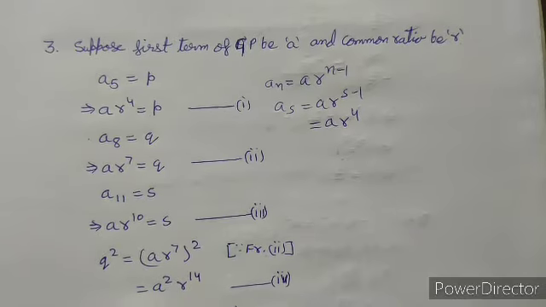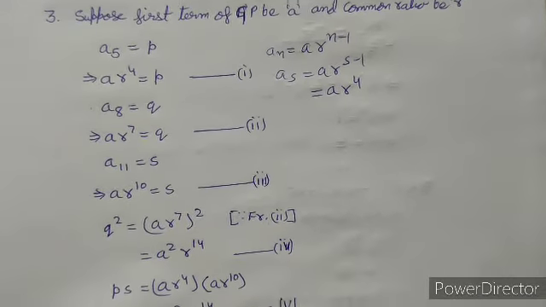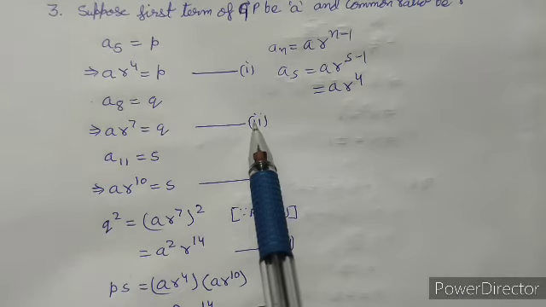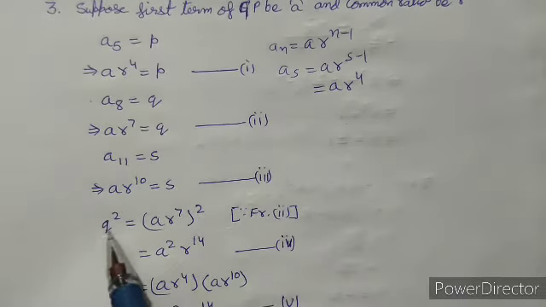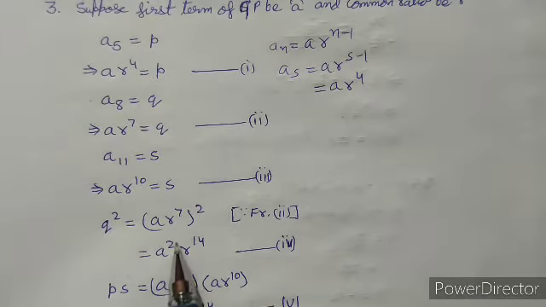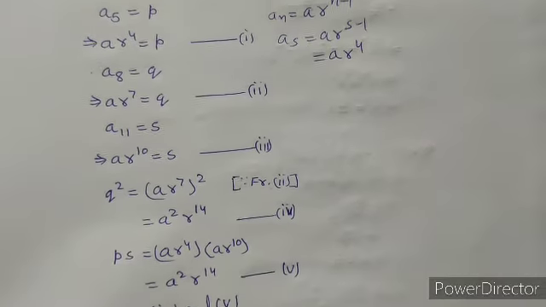Now we have to prove that Q square is equal to PS. So Q square, or we can say on squaring equation number 2, Q square will be equal to A R raised to power 7 whole square, and that will be A square R raised to power 14.